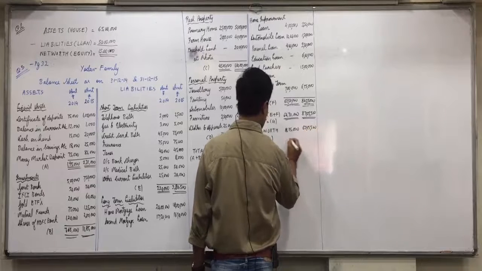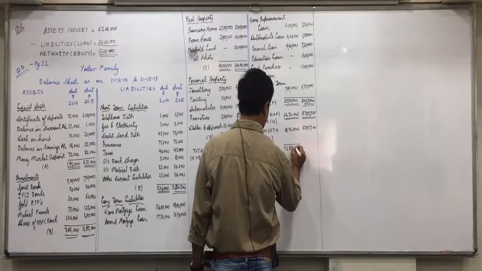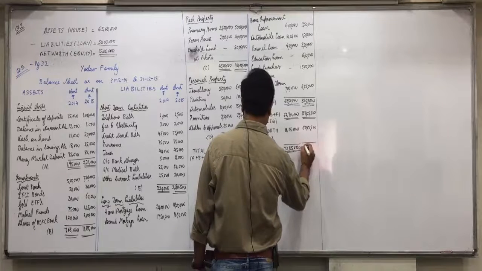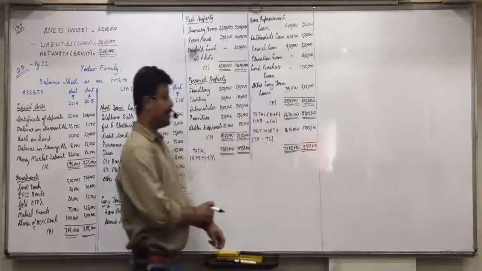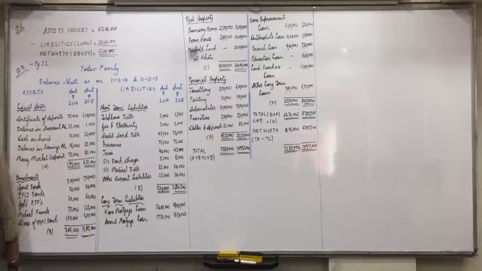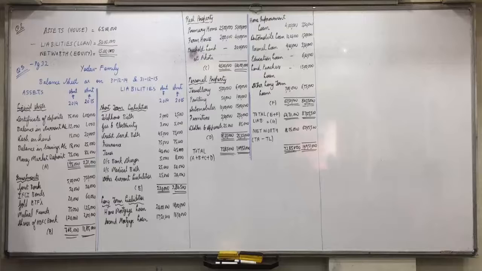Total will again come to 72,85,000 and 1,49,51,000. Is everyone clear with this? Total assets minus total liabilities give us the net worth. Complete it fast.